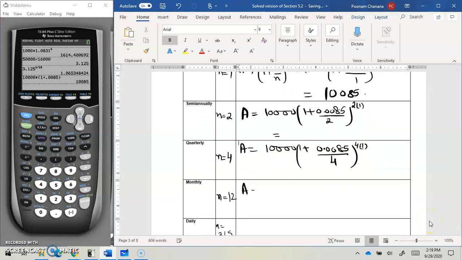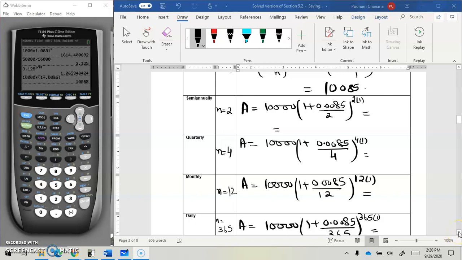For n equal to 12, the amount is 10,000 times (1 plus 0.0085 divided by 12), raised to power 12 times 1. So for semi-annually n is 2, for quarterly n is 4, for monthly n is 12, and for daily n is 365. And what remains is just calculation, so you can do it using your calculator and see how the amounts differ for different compounding periods.